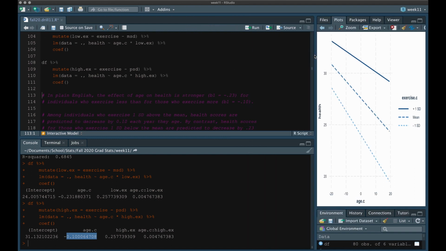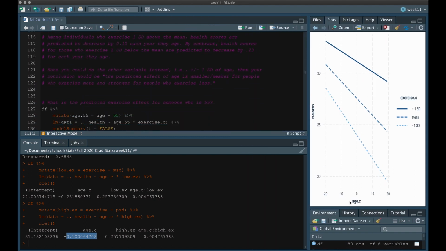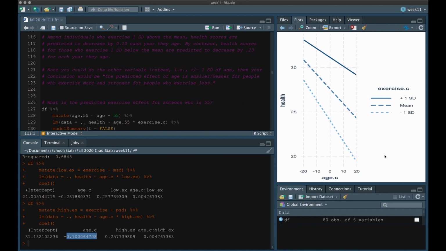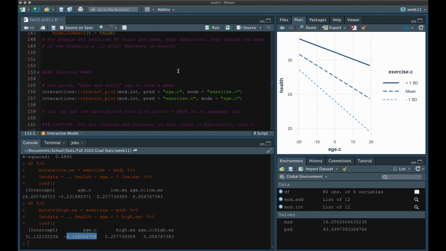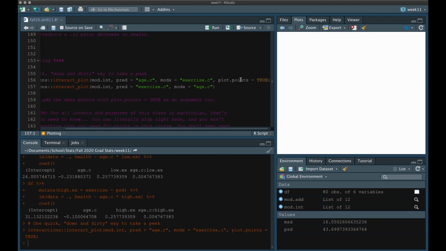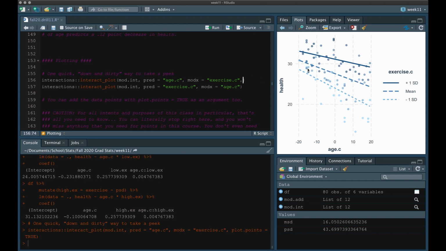Now, this is okay. Oh, and I'll at least point out that there is at least one additional argument that I did see for this interact function: you can add in plot.points equals true if you wanted. When you do that, it puts in the actual data instead of just the lines. I'm not a big fan of just lines.